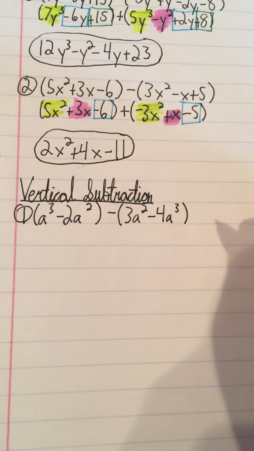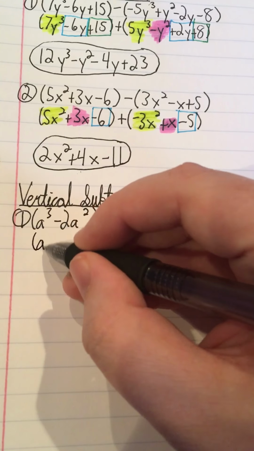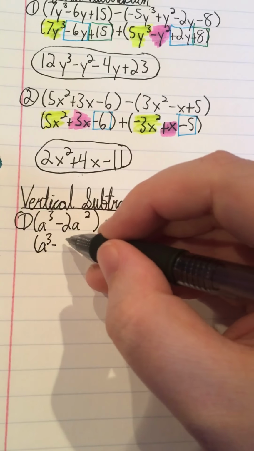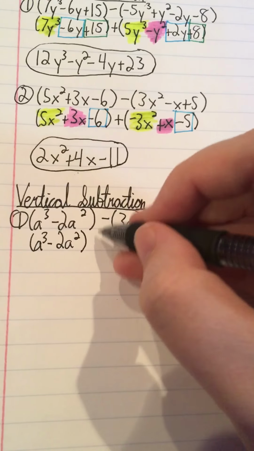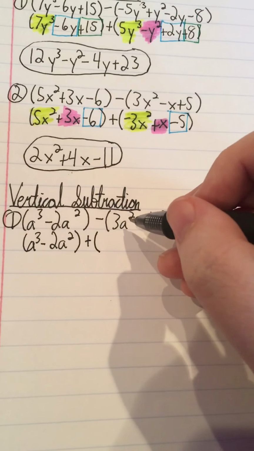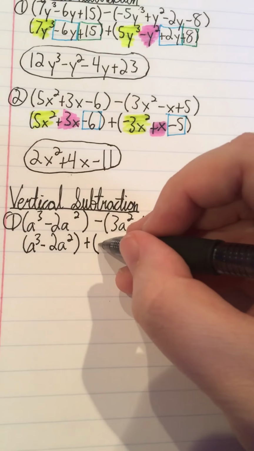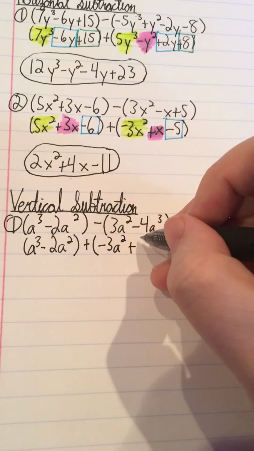So what we're going to do first is keep this first polynomial. Change the subtraction sign to an addition sign. Change this positive 3a squared to a negative 3a squared. Change this to a positive 4a cubed.